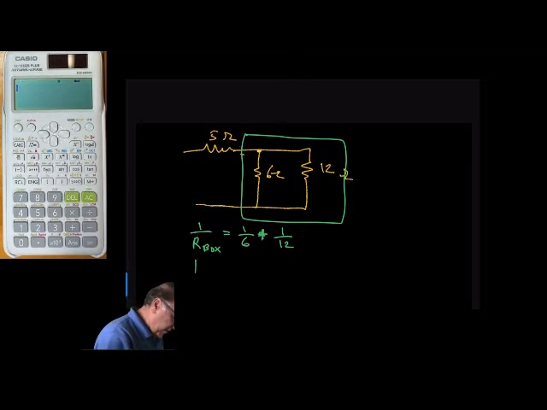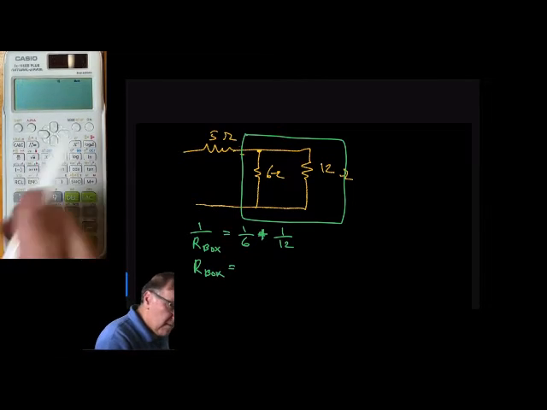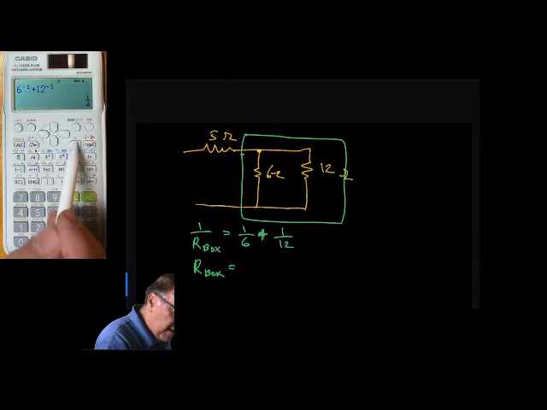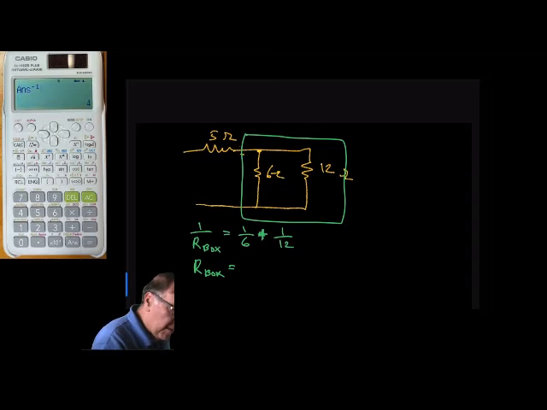So if we use our calculator, if we say 6 inverse plus 12 inverse equal to, and then we inverse that, equals 4 ohms.